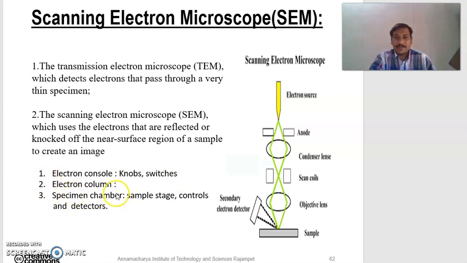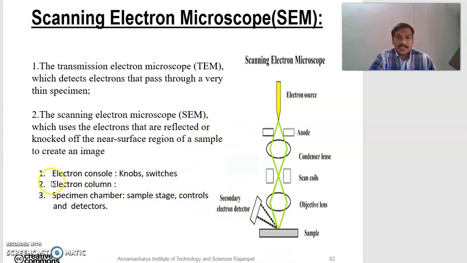In the electron column, there are different parts: the electron gun or electron source, the anode, condenser lenses, apertures, scanning coils, aperture, objective lens, etc. Next, the third one is the specimen chamber. In the specimen chamber, the sample stage, controls, and detectors are available.